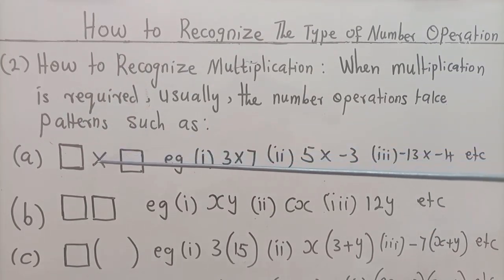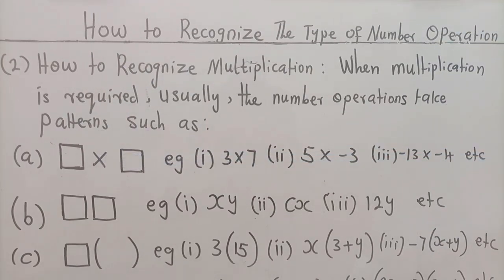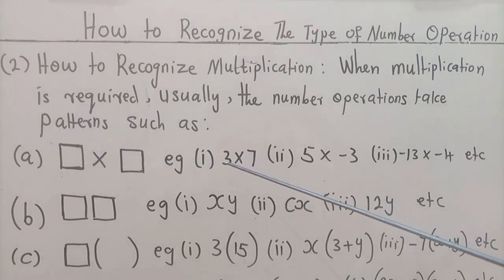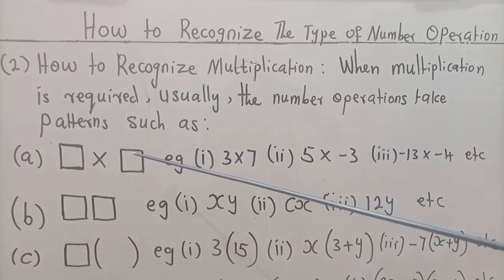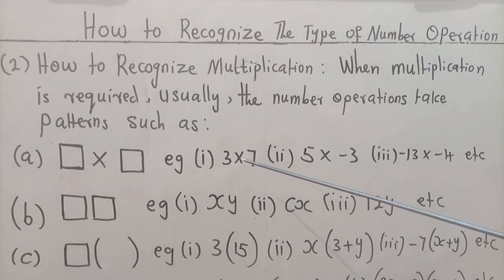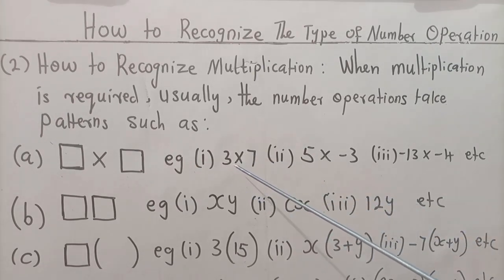This sign is the most popular sign of multiplication. And so let this box have 3. Let this box have 7. And let this sign come between them. With that alone, we understand that this is multiplication. This is also multiplication. This is also multiplication.